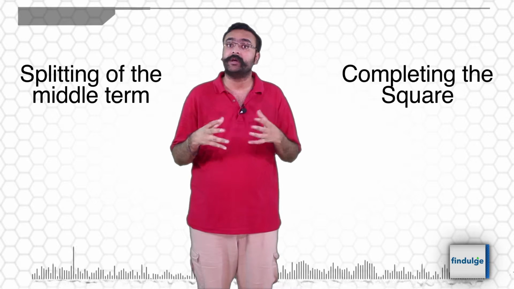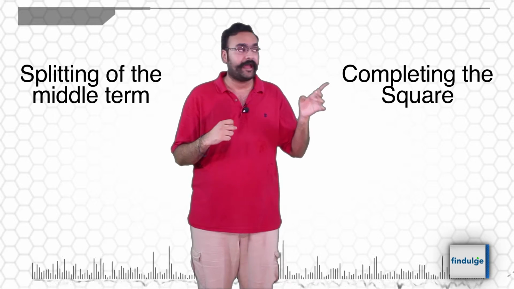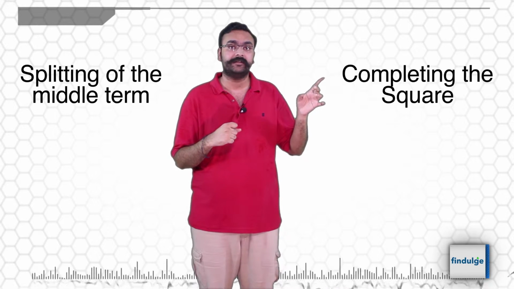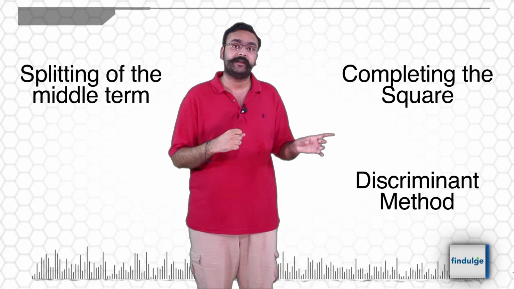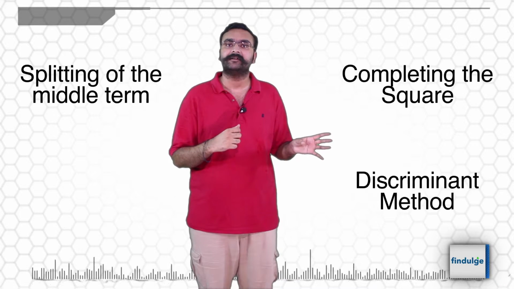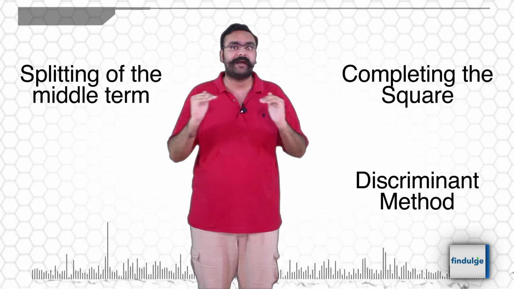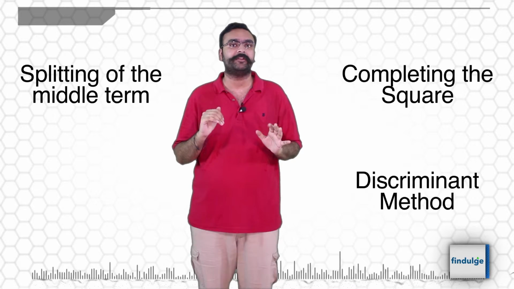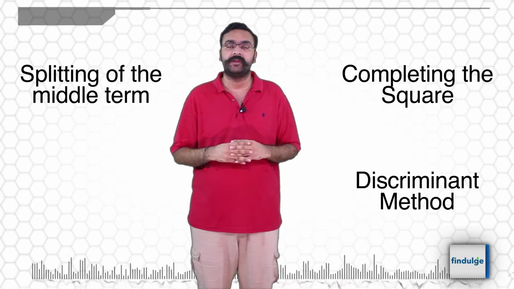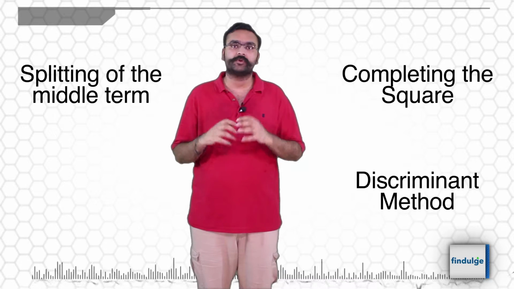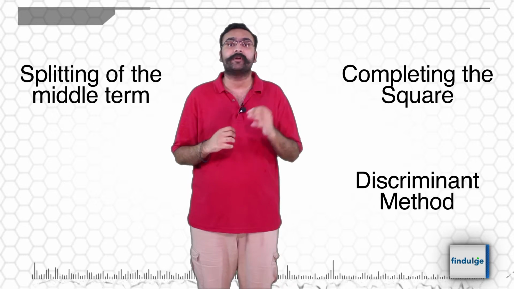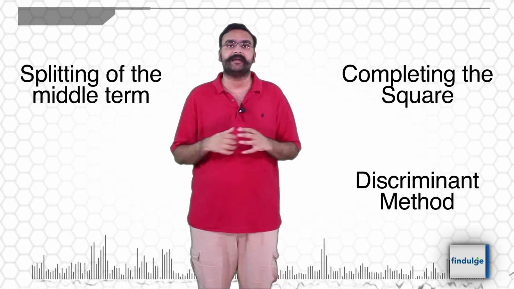This we will go through and understand what it means. And through the completing of the square method, we get to the discriminant method. And this method is a formulaic method, one in which you don't need imagination, you can just plug in your values and get your answer. So let's start looking at what is a quadratic equation and how we can start solving them by these methods.